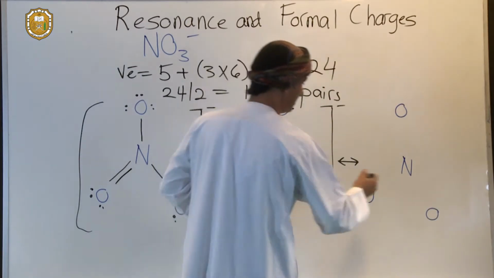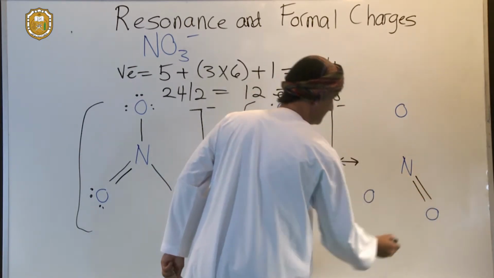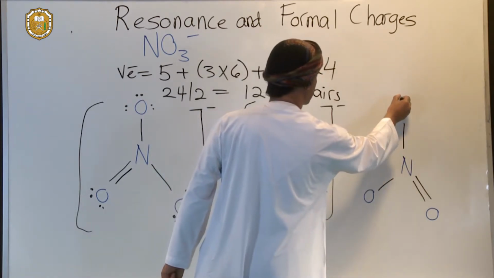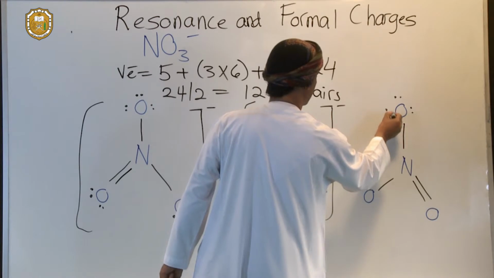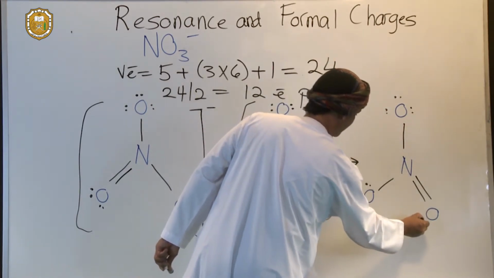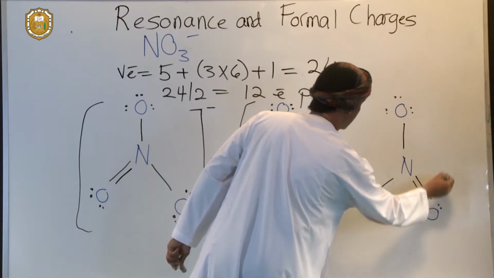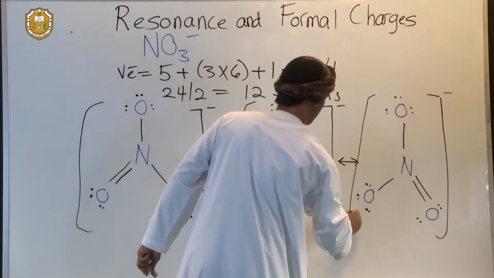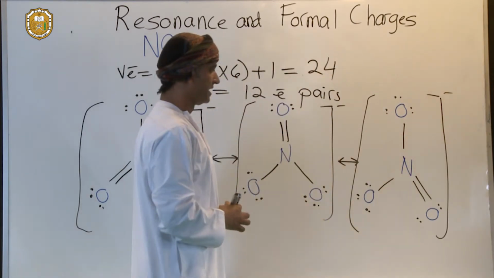And now we draw the double bond between the central nitrogen atom and that oxygen, a single bond here, a single bond here. And then we satisfy the octet for each of these surrounding oxygen atoms. And then we draw the Lewis structure between square brackets.